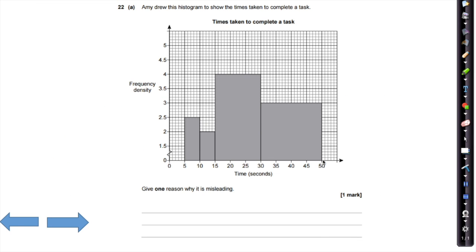Question 22 is looking at a histogram. So with our frequency density and our time, let's give one reason why this is misleading. So you may notice that you've got this at the bottom here. So you could talk about it being a broken axis.